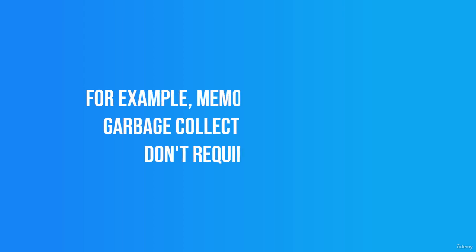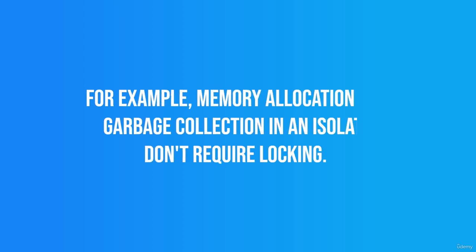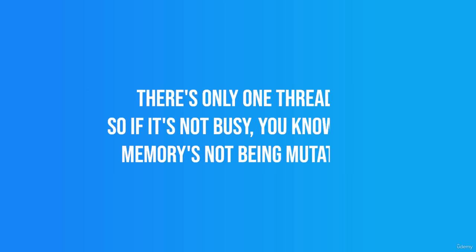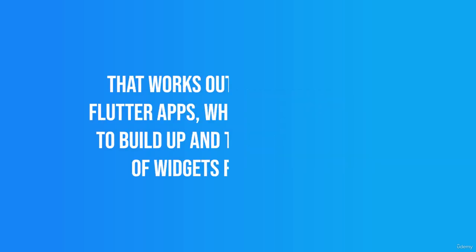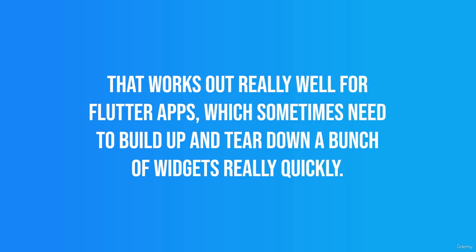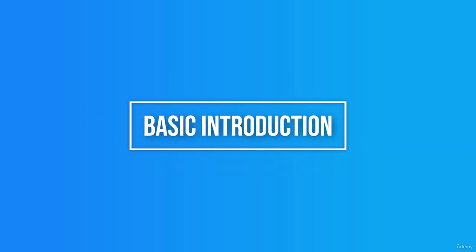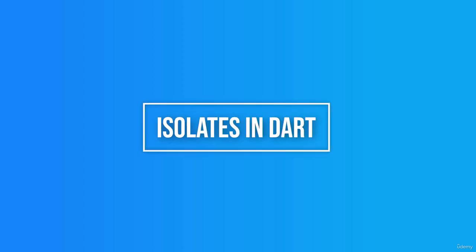For example, memory allocation and garbage collection in an isolate don't require locking. There's only one thread, so if it's not busy, you know the memory's not being mutated. That works out really well for Flutter apps, which sometimes need to build up and tear down a bunch of widgets really quickly. So that's a basic introduction of isolates in Dart.